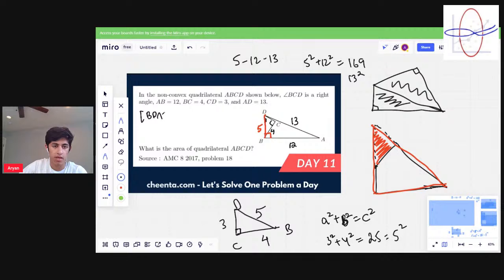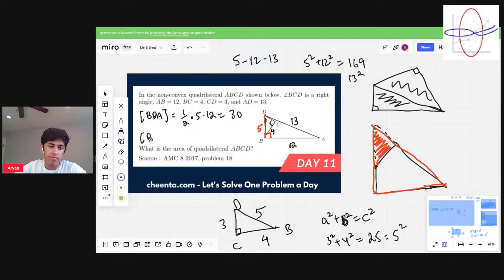If we start there, that's just 1/2 times 5 times 12, which is 30. So this is our entire region, BDA. And if we want the quadrilateral ABCD, if we quickly shade it in, it looks something like this region right here, we realize we need to take out the area of our smaller right triangle, which is given by BCD.